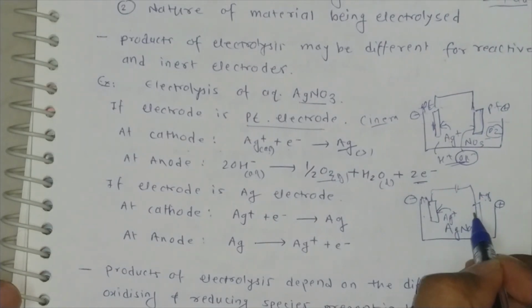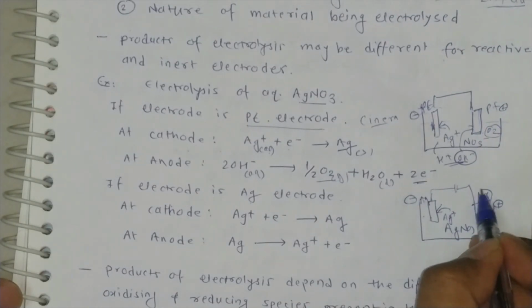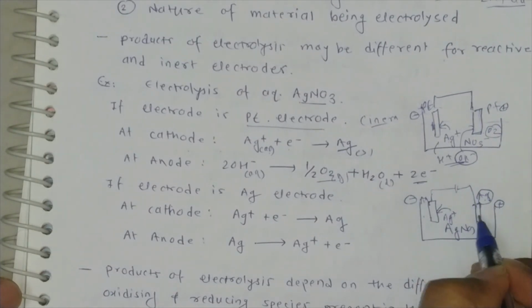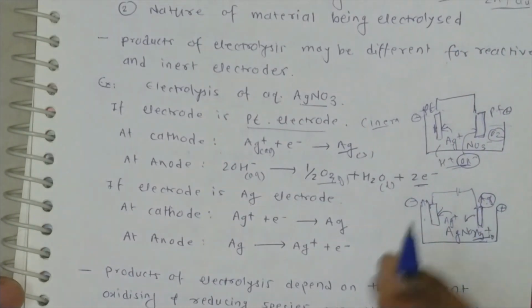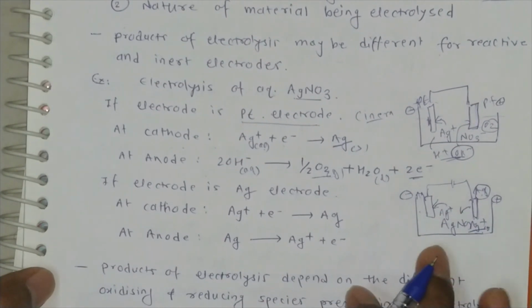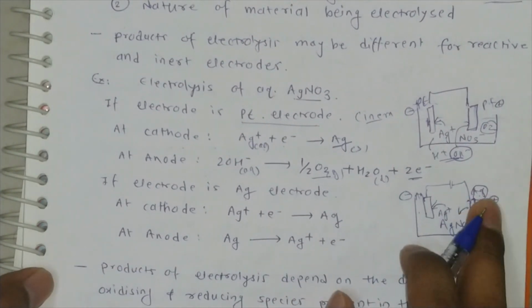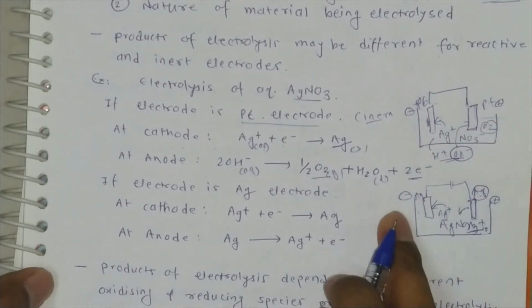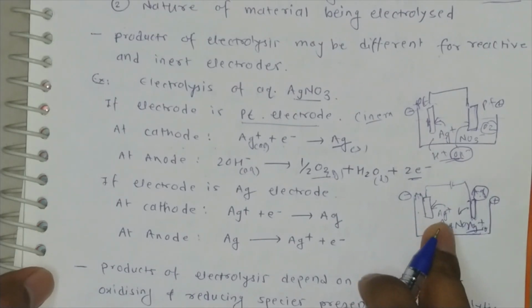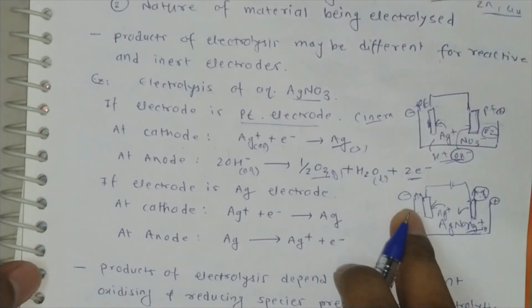Now this Ag solid that is present in this electrode will get converted into the Ag plus ion. So there is oxidation of silver at the anode, and at the cathode there will be reduction of the silver ion to silver solid.